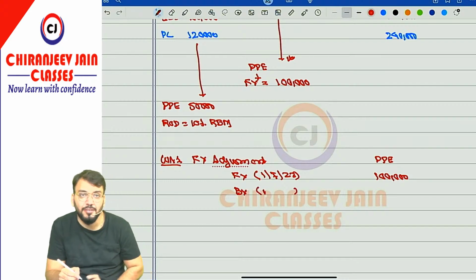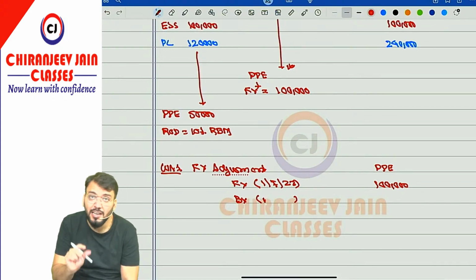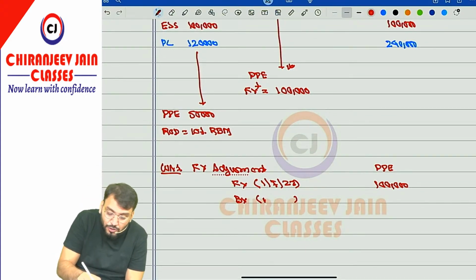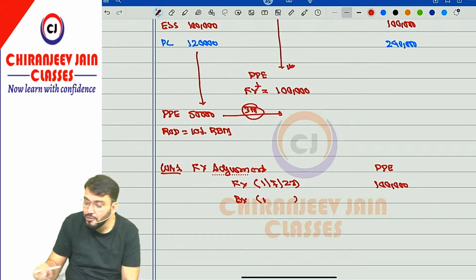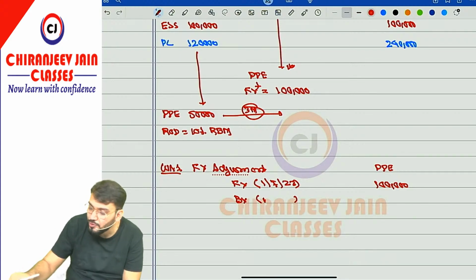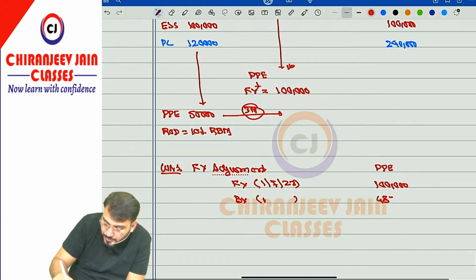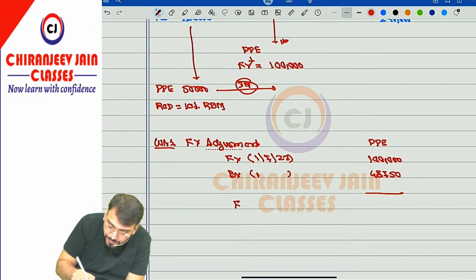They have not given book value on the same date, but they have given opening balance 50,000 and rate of depreciation 10%. So you can charge 3-month depreciation to find out book value. So 50,000 into 10%, means 5,000 into 3 divided by 12. How much is coming? 1,250. So 50,000 minus 1,250 will become 48,750.